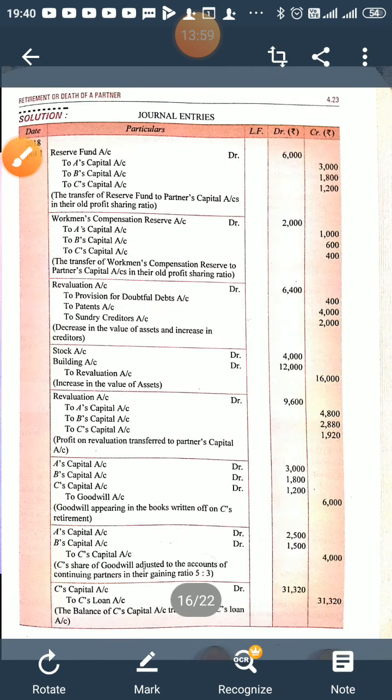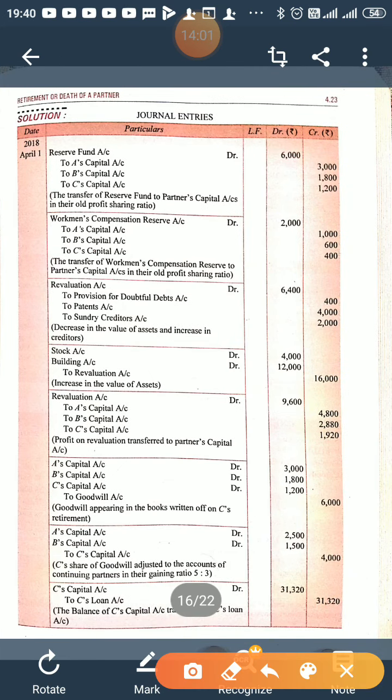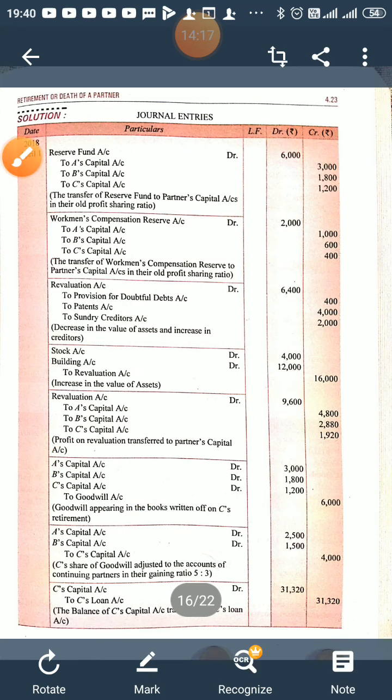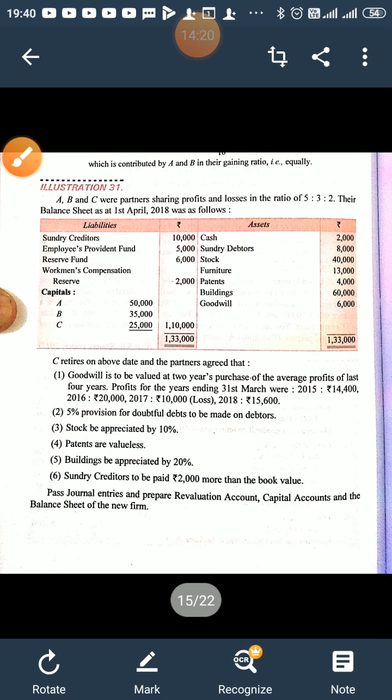So the journal entry will be A's capital account, B's capital account, C's capital account debited to goodwill. Goodwill is having a 6,000 balance, and their capital should be debited in the ratio of 5:3:2. Now no adjustment is left.